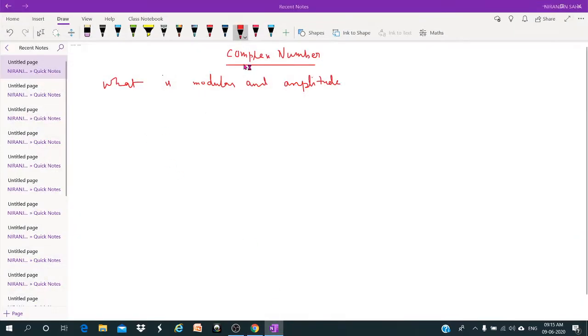So yesterday I discussed complex numbers. I introduced complex numbers and discussed what the modulus and amplitude of a complex number are.